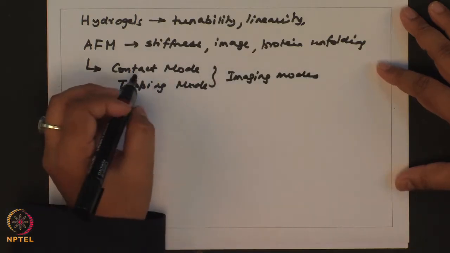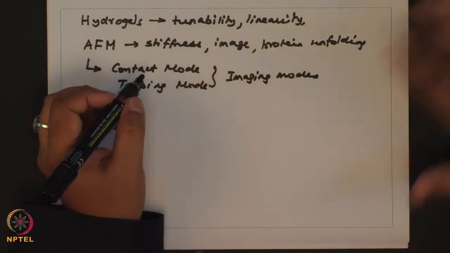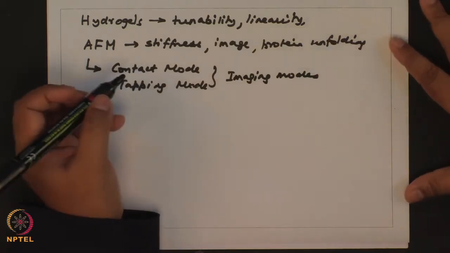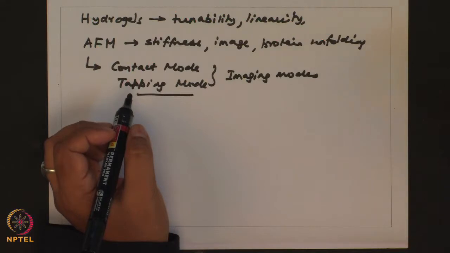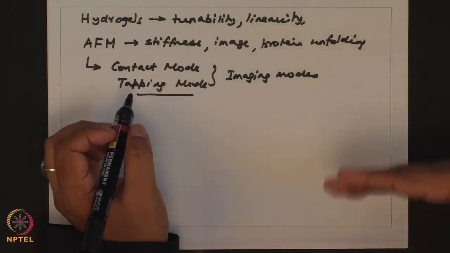Contact mode is more suitable for flat rigid samples, where there is no chance of damage to the sample, because you are in perpetual contact with the sample. And you have the tapping mode, in which you are in intermittent contact, and what you control is the amplitude set point. Tapping mode is more suitable for imaging cells which are loosely adherent and can be dislodged upon lateral friction.